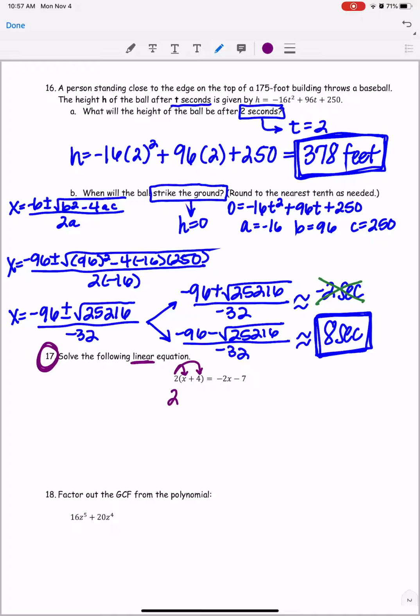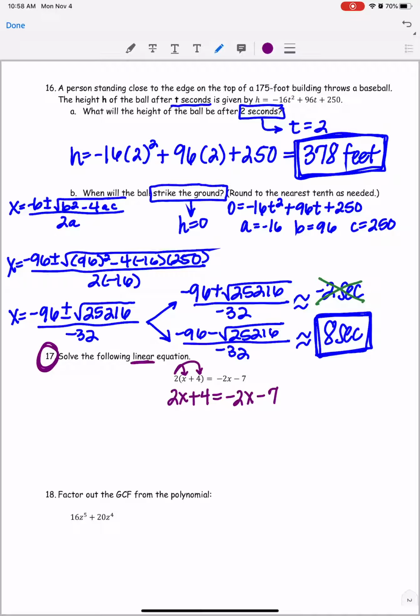So we get 2x plus 4 equals negative 2x minus 7. The goal here is to get your x on one side and your constant on the other side. I don't want this to be 0 equals. It's not a quadratic equation. You don't have a squared term.